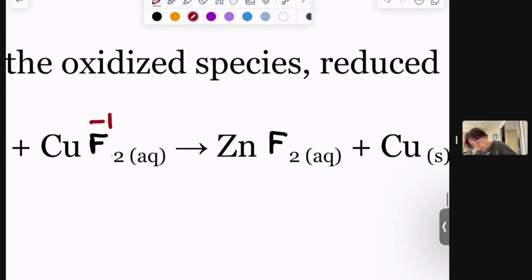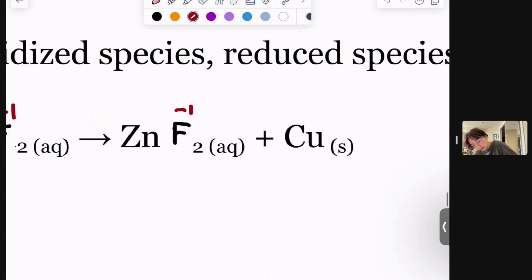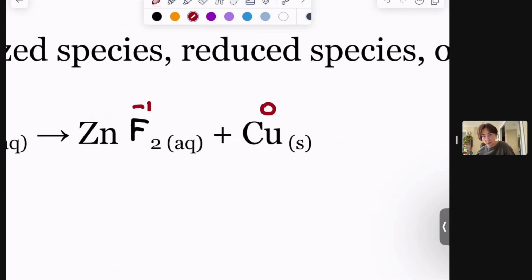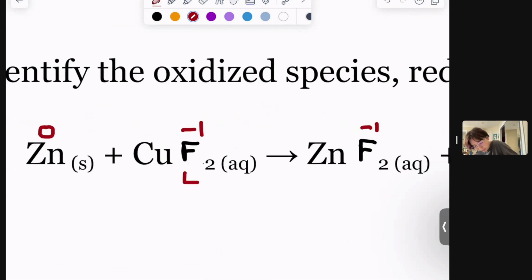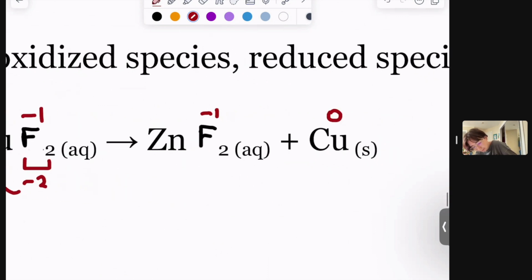Fluorine always has an oxidation number of -1. So then I have to figure out copper's based on the fact that there are 2 fluorines. Copper must have a +2. And same thing for zinc.